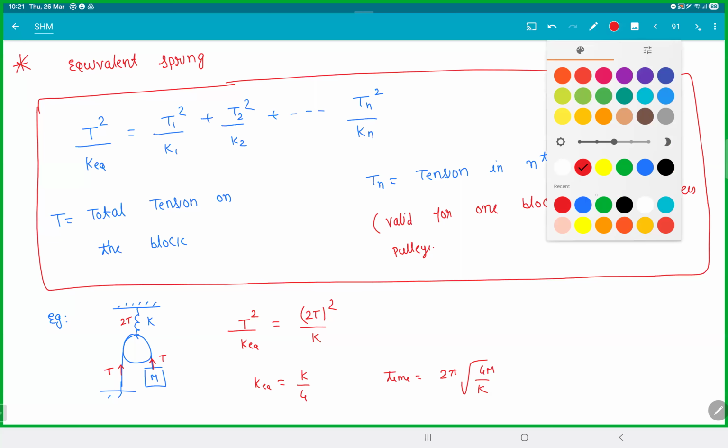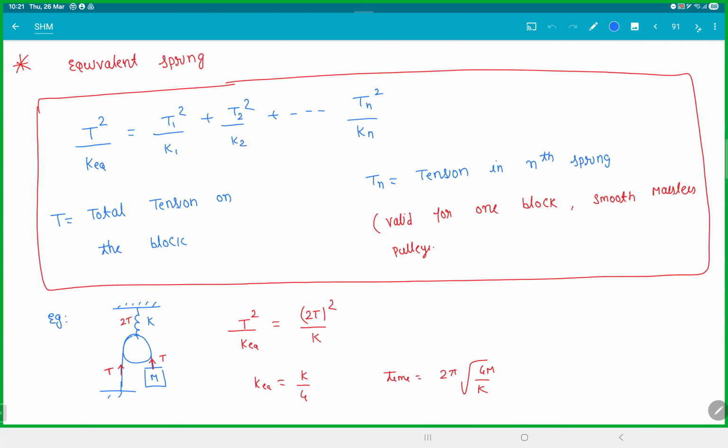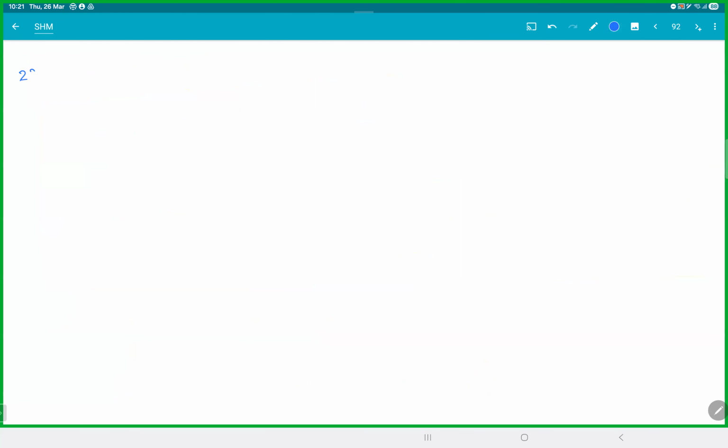I'll give you a few more models on this. Now you guys tell me what will be the answer for this. Using this saves your time. Let's say you have a spring here and we have a spring here. Let's say this is K1 and K2. Find the time period.